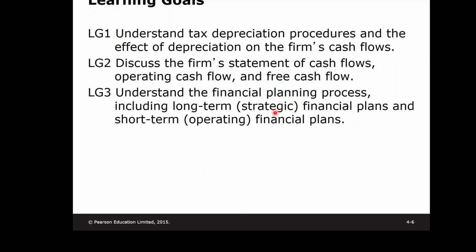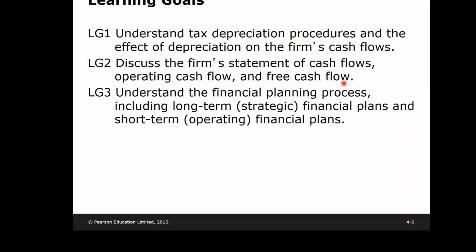And based on our discussion, your short-term operating plans or financial plans talks about projection of sales and making operating budgets, and your strategic financial plans or long-term will look into your additional funds needed. Your free cash flow is being computed because this would be the basis of actually evaluating a firm which is not listed.